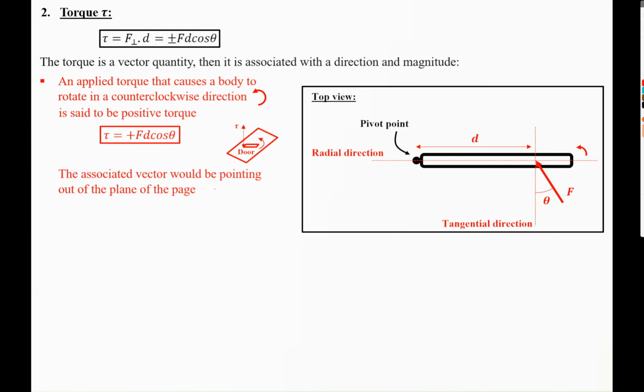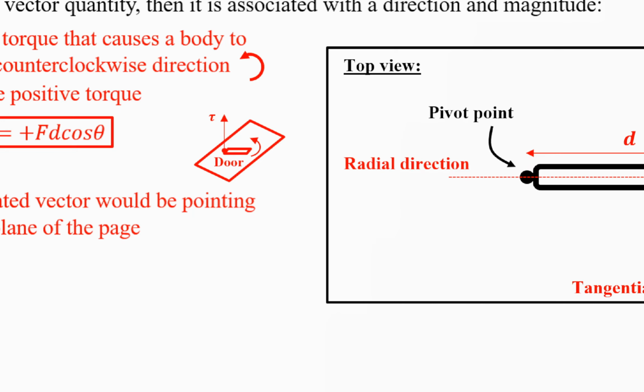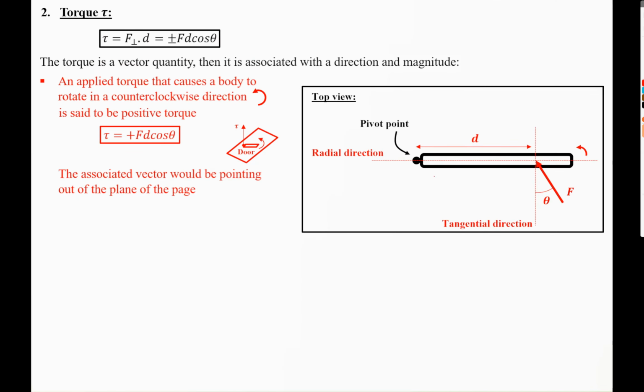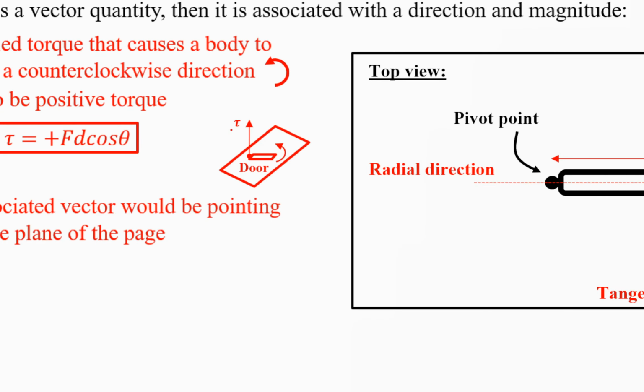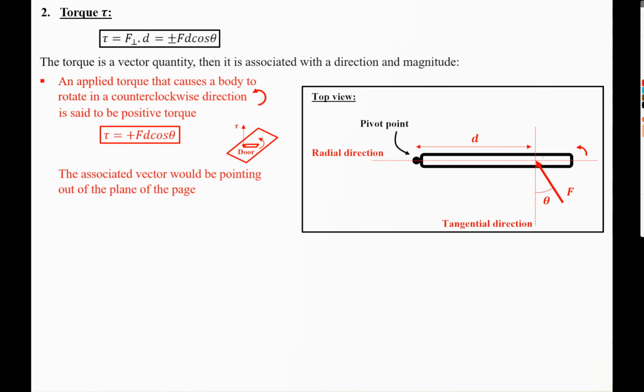So what does this mean? Now here we have a top view which can be represented by the following plane or sheet. Then the torque would be assumed to be a vector which is perpendicular to the plane containing the bar and the top view. Now that would be difficult for us to represent in a top view.